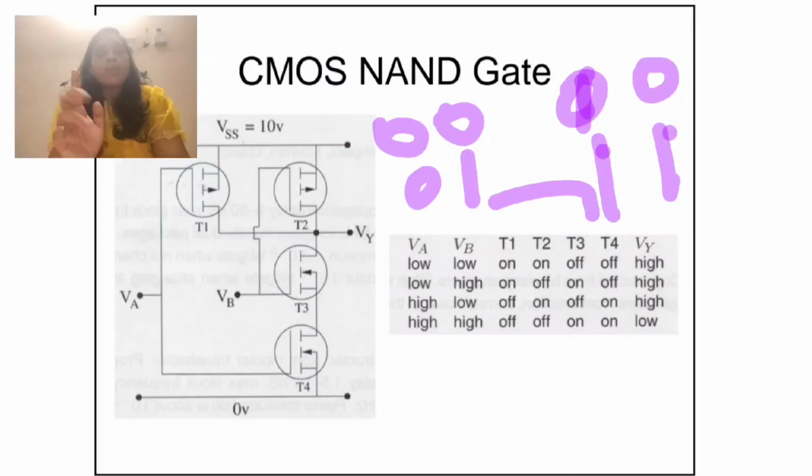Next, I pass the value high for voltage A and low for voltage B, that means 1 and 0. So 1 and 3 are off position, 2 and 4 are on position.